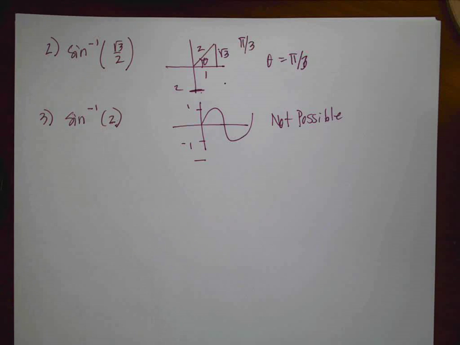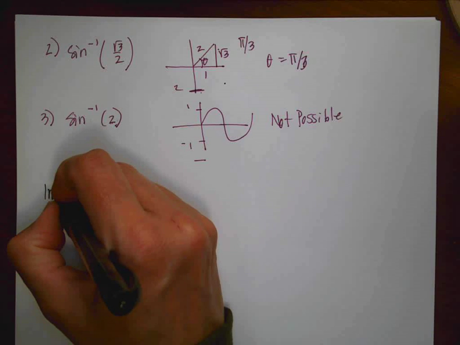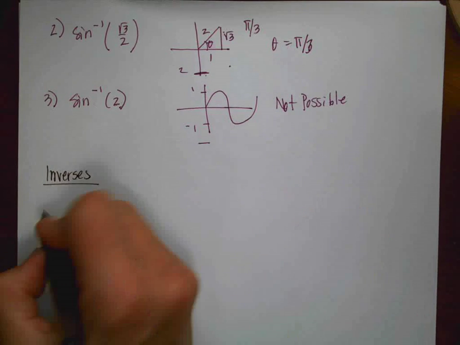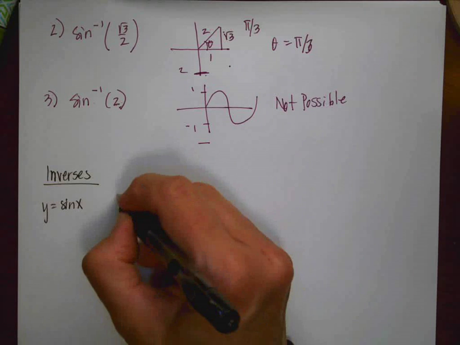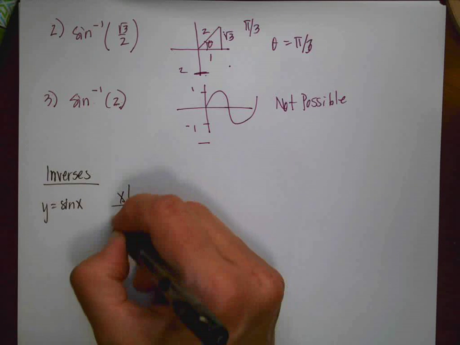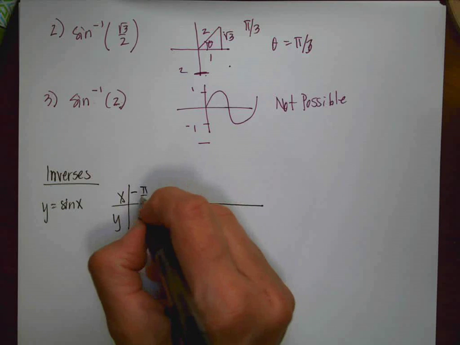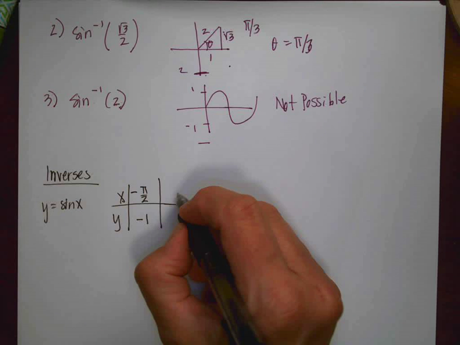All right. So I want to talk about inverses from the form of a table. So if I had y is equal to the sine of x, and I put that information in a table, okay? And I did a negative pi over 2. The sine value is a negative 1.